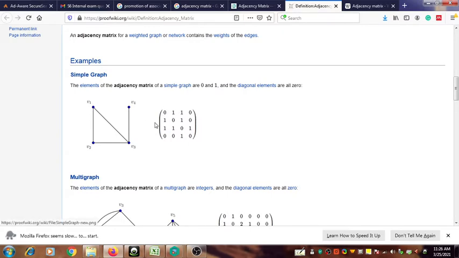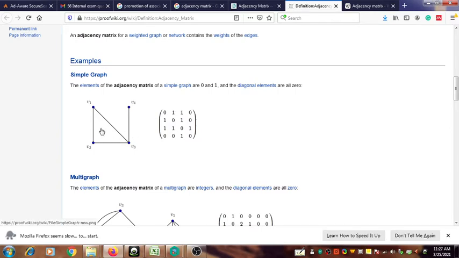In the graph there is no loop connecting v1 to v1, so 0 is the number given. And then from v1 to v2, there is an edge in the graph, so the number of such edges is 1, and that number is given as the entry.